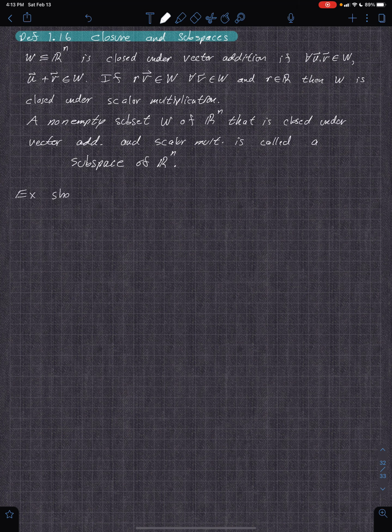So this one tells you, show that W equal to the set x, negative x, such that x is in the reals, is a subspace of R2.